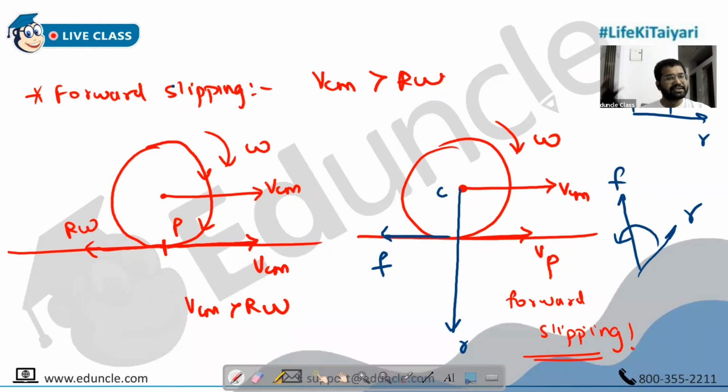Simple. You just have to draw a clock from A to B. Or we also know you keep fingers in the direction of R, curl it in the direction of F. How is the thumb going? Thumb is going inwards, but how are the fingers curling, people? R is downwards, F is on the left, and the fingers are curling clockwise.